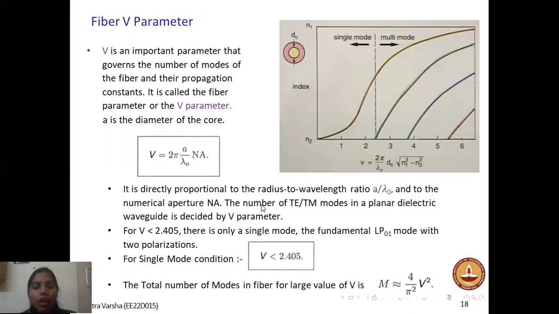For a single mode, the V number should be less than 2.405, which allows only the fundamental linear polarization mode to travel. The total number of modes in a fiber depends upon the V number. In this equation, we see the relation between the modes and the V number.